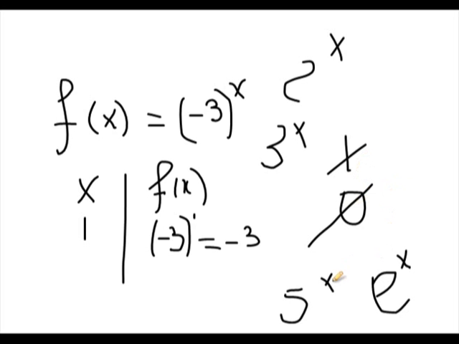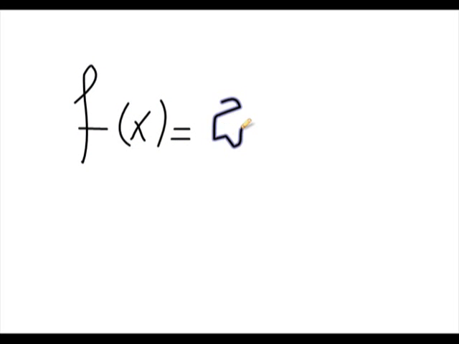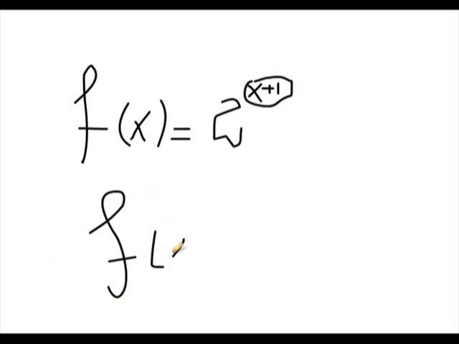Remember, we use simple exponential functions, but we can also have more complex ones. There is no condition for the exponent. I can have f of x equal 2 to the power of x plus 1. Still, this power is a variable; this expression is a variable. The principle is that the base should be a positive number. I don't care about the exponents.